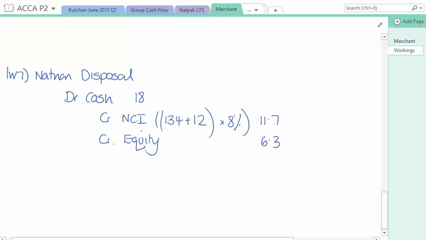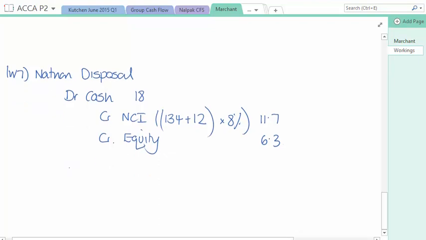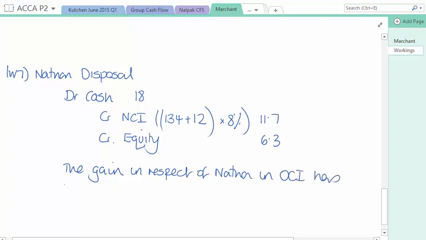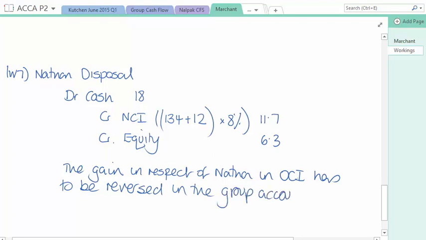So what we need to do is that the gain in respect of Nathan in OCI has to be reversed in the group accounts.